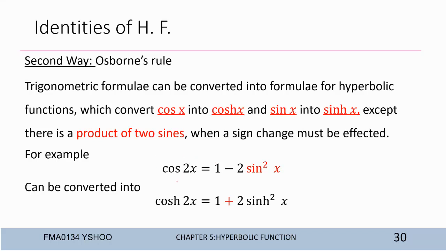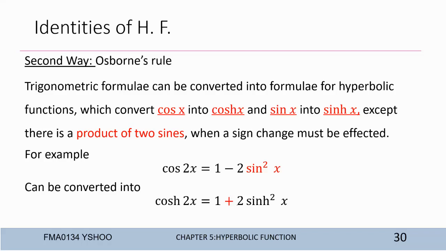So whenever you see the cos, you just change it to cosh 2x. But the thing is, this sine is now a product of two sines, so after you change it to become sinh squared x, what you need to do is, if you have a minus, you must change it to be a plus.